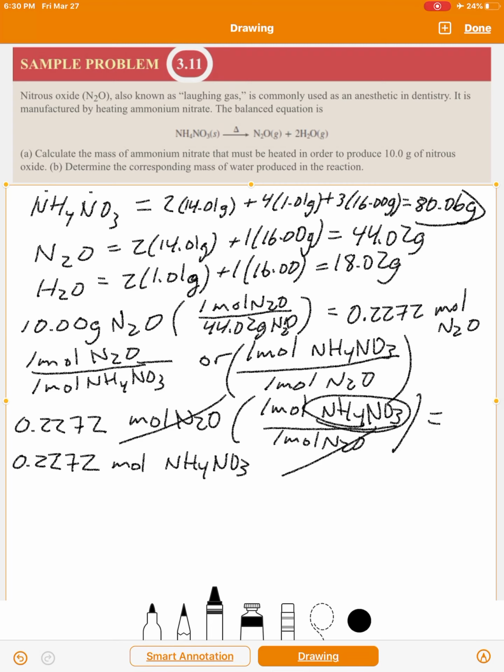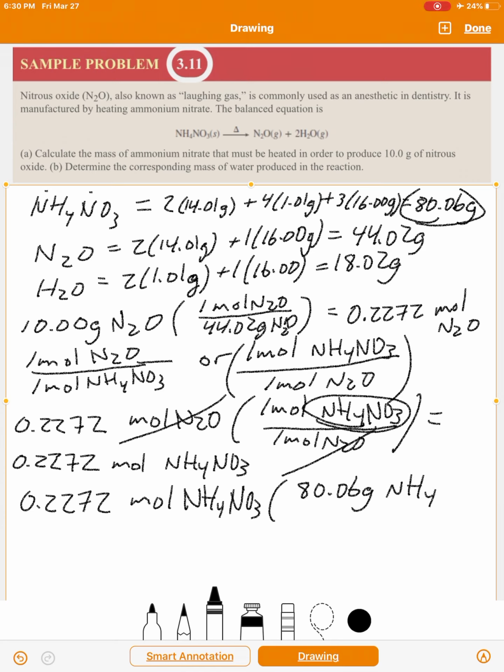So the ammonium nitrate's right here. There's our conversion factor. 80.06 grams is how much 1 mole weighs. So I'm going to take our 0.2272 moles of ammonium nitrate and then multiply that by 80.06 grams divided by 1 mole of ammonium nitrate.